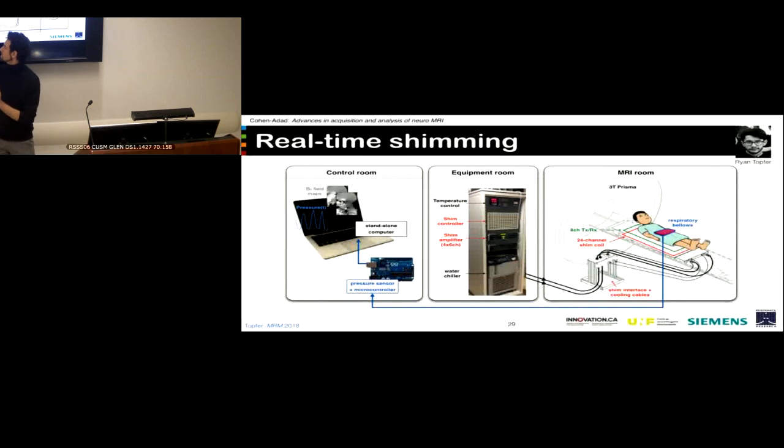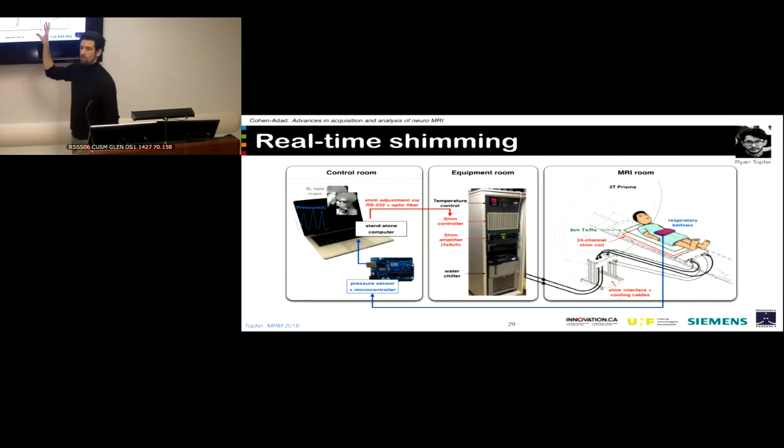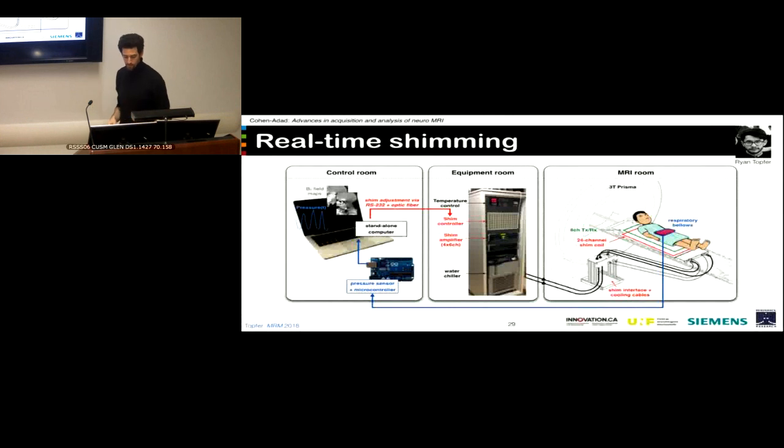So we acquire a couple of these, then we fit a model, and this model will optimize the homogeneity in a particular region of interest, which we can define. And then we know exactly the amount of current that we need to send to each of the amplifiers in order to adjust the shimming in real time with the respiration.